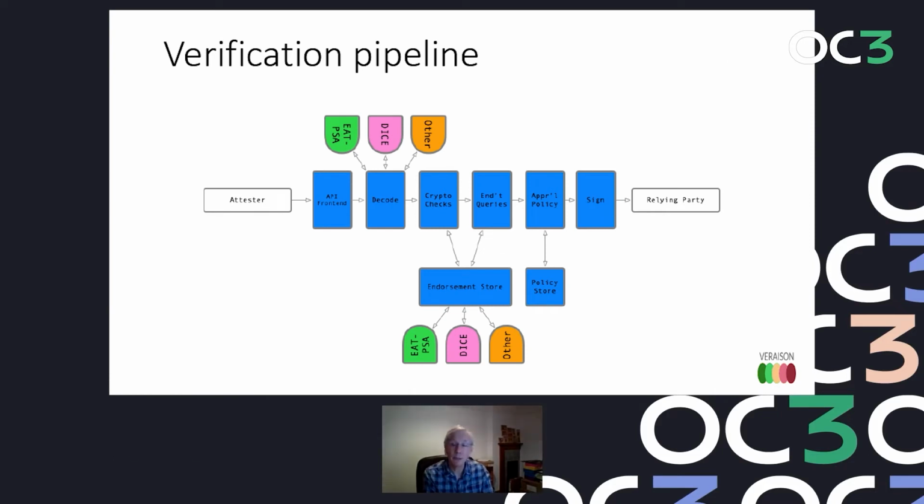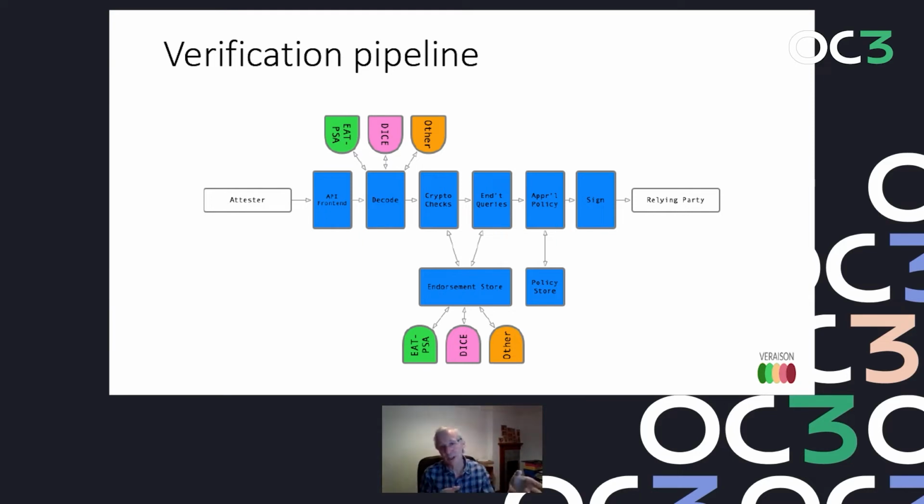The verification pipeline is, again, designed to be extensible and pluggable. As we can see, there are technological pieces that fire in for the particular token formats and the requirements of those token formats.